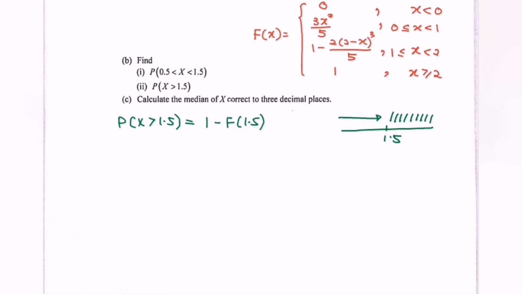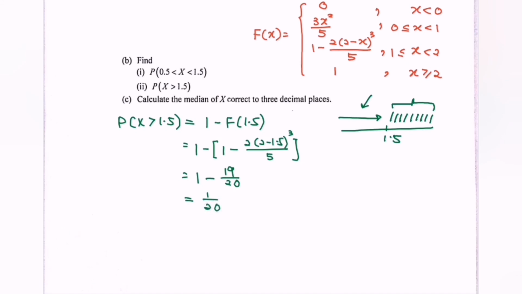That's why we have 1 minus F(1.5), meaning we eliminate this part in order to have this part, which is x greater than 1.5. So kindly substitute into the third function, at 1.5: 1 minus the bracket 1 minus 2 times (2 minus 1.5) to the power of 3 over 5. Kindly simplify the situation: 1 minus 19 over 20. So the answer will be 1 over 20, or 0.05.